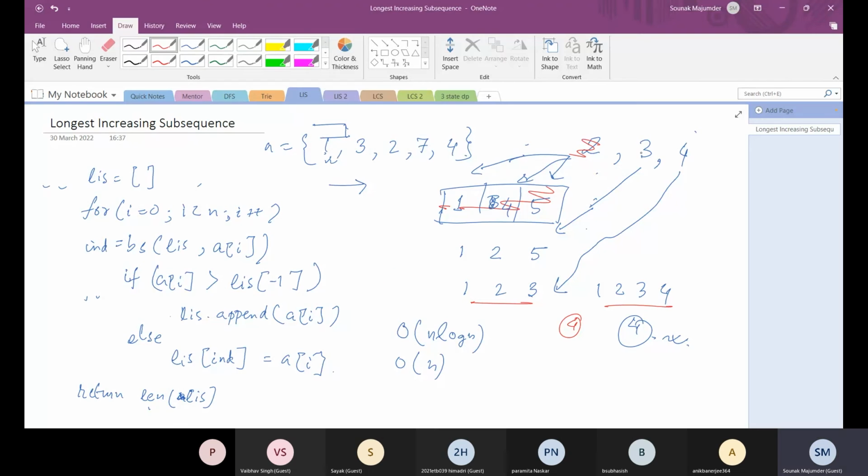Adding any element in place of the smallest element that is larger than it is obviously the best. We cannot add it to some greater element because then it will not remain a longest increasing subsequence. If we had gotten a 1 instead of a 3, we cannot put 1 in place of this 5.